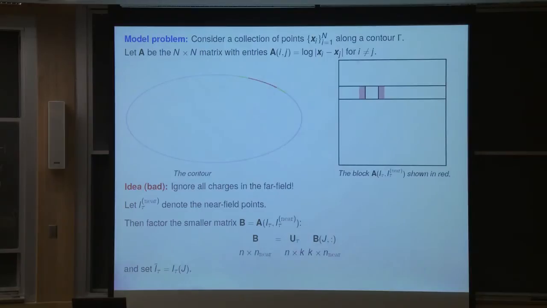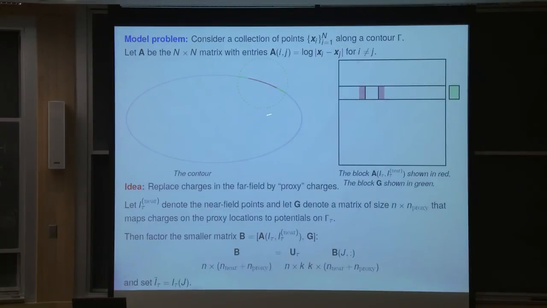But what I can do is introduce a few extra points that were not part of the original discretization. By placing these proxy sources on this circle, I recall that this is exactly what we were talking about in lecture 3, about how to numerically construct representations of all possible well-separated points. We had these representation formulas for, in this case, Laplace potentials, and that's exactly what I'm exploiting here.